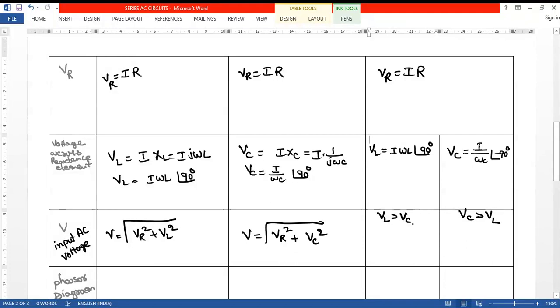If VL is greater than VC, V is equal to square root of VR square plus VL minus VC whole square. In this case, V is equal to square root of VR square plus VC minus VL whole square.